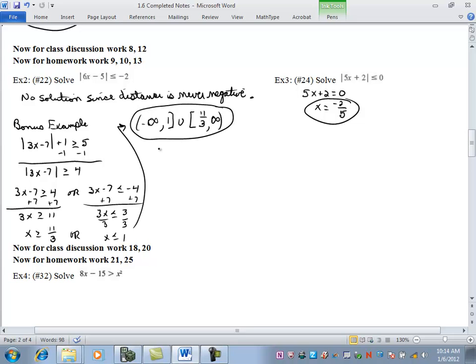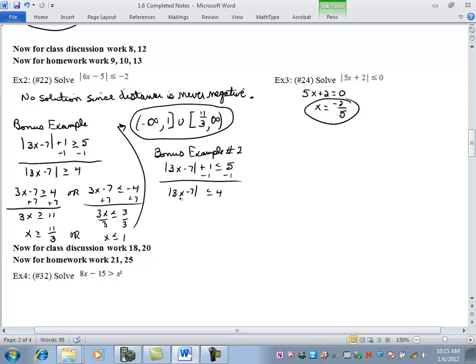And let's go with a second bonus example here just to make sure that we're doing okay. Bonus example number 2. Absolute value of 3x minus 7 plus 1, this time less than or equal to 5. We subtract 1 from both sides. Absolute value of 3x minus 7 less than or equal to 4.